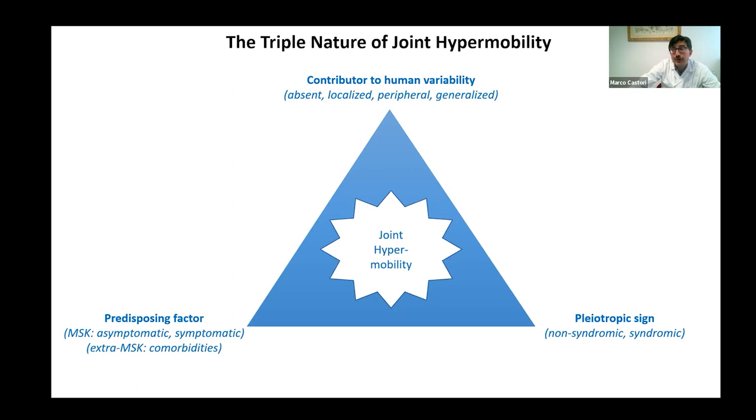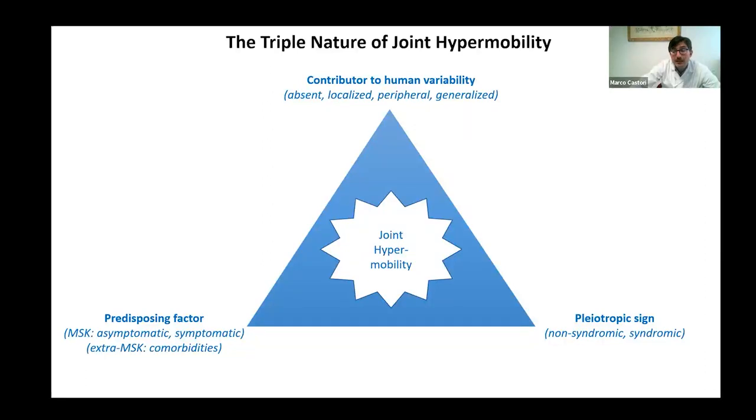Generalizations around joint hypermobility allow us to identify three main roles for this physical sign in human health and disease. The degree of distribution over the body of joint hypermobility defines the types according to its extension.